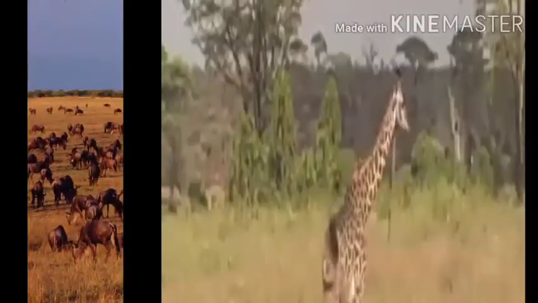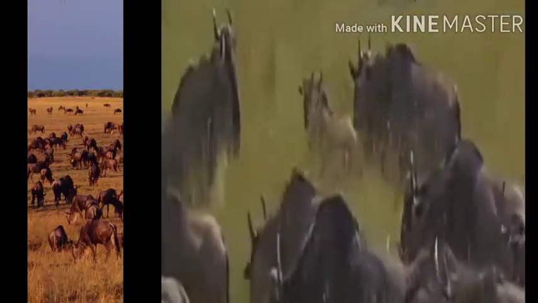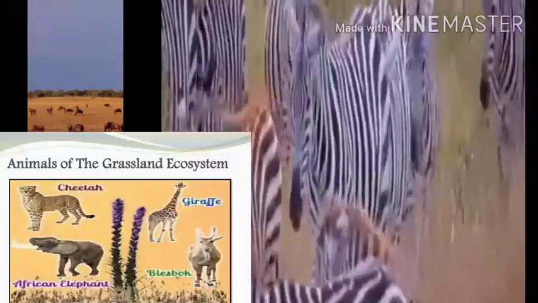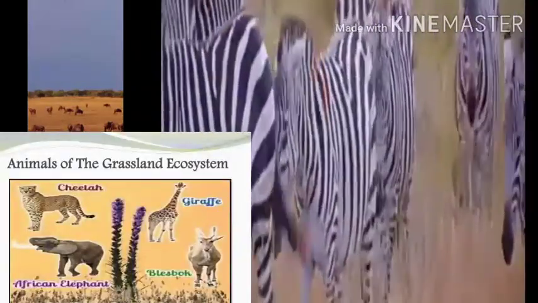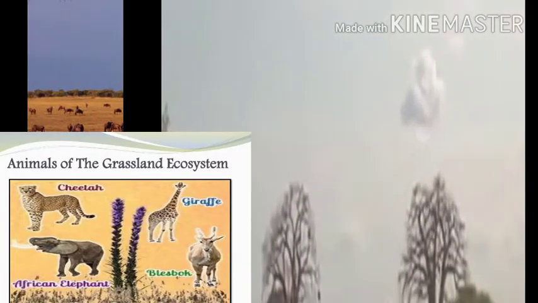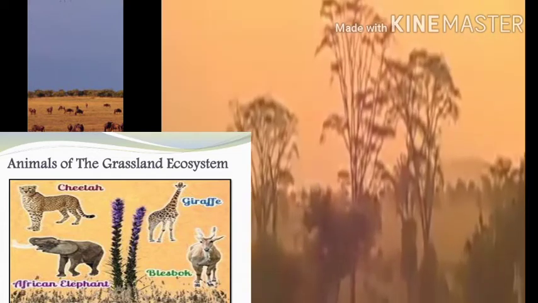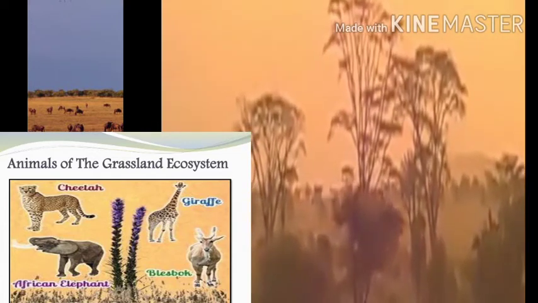Students, if we talk about the wildlife of these grasslands, the tropical grasslands are home to a large variety of animals. A few animals are wild beasts, antelopes, rhinoceros, lions, cheetahs, elephants, buffaloes, zebras, giraffes, and jackals.